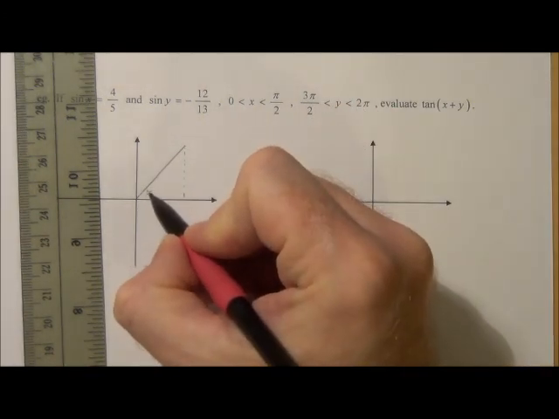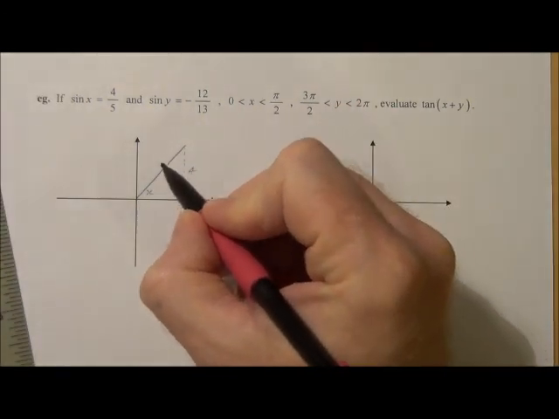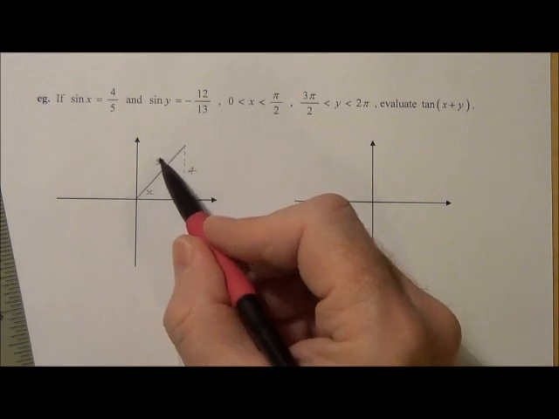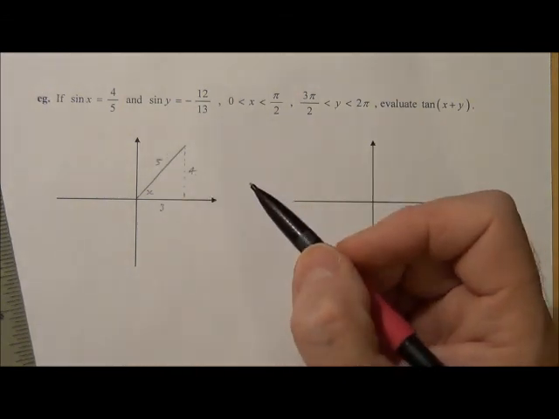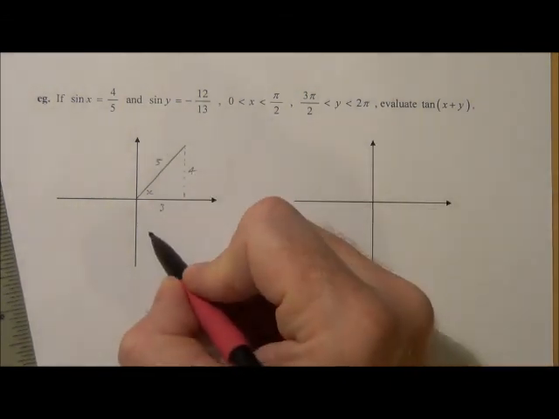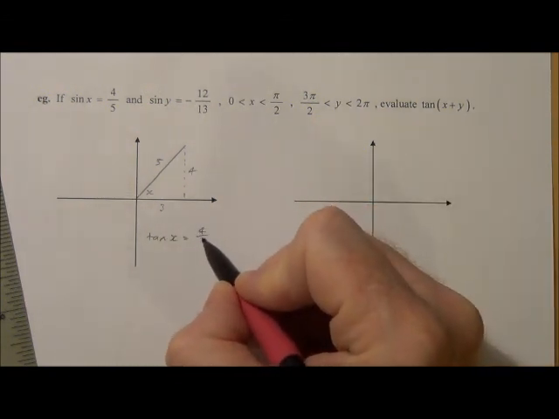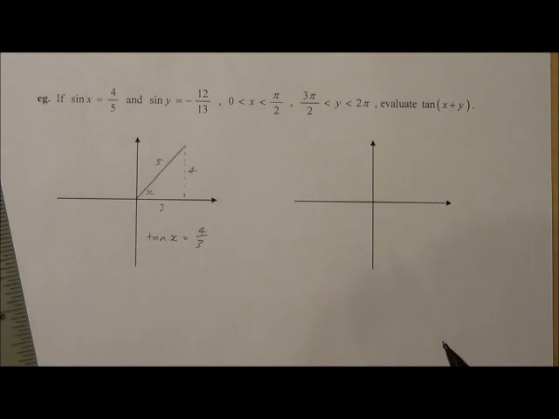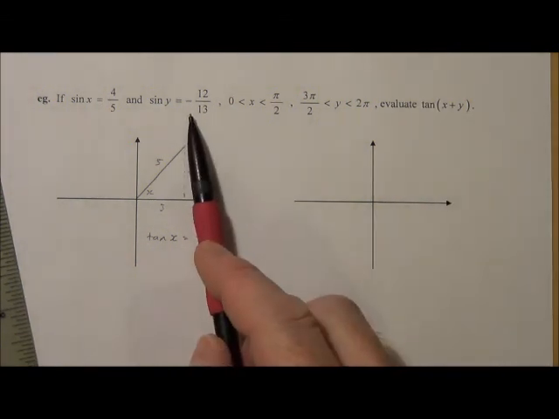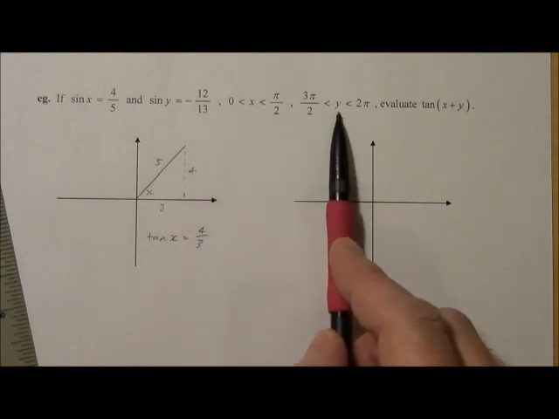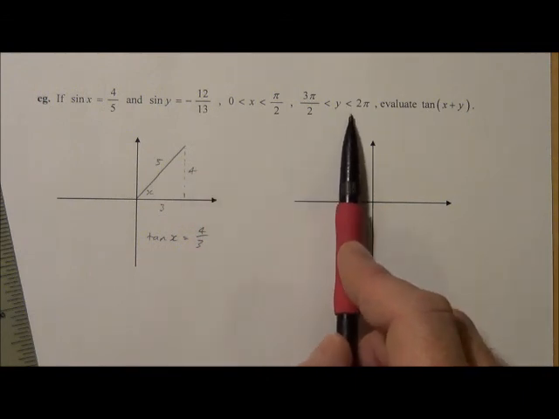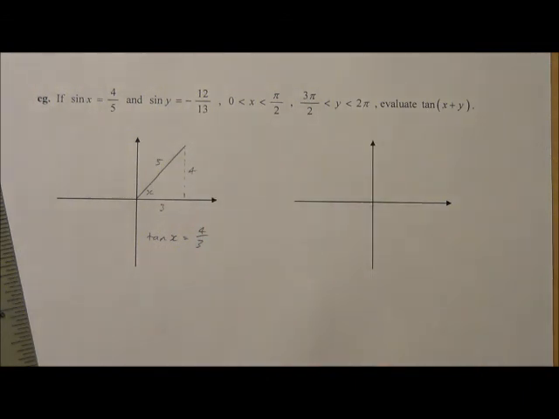And so here's the angle x, opposite over hypotenuse, and that's a traditional 3, 4, 5 triangle, so we know that the base is 3 there. So we know that tan x is opposite over adjacent, which is 4 over 3. Then for sine y being negative 12 over 13, we know that y is between 3 pi by 2 and 2 pi. Where would that terminal arm be placed?